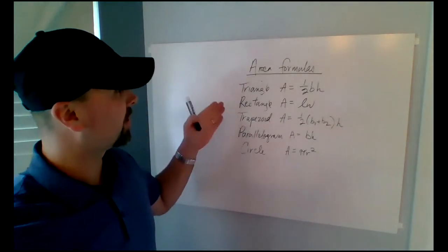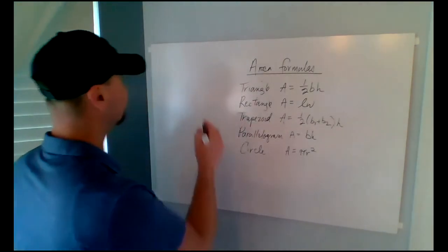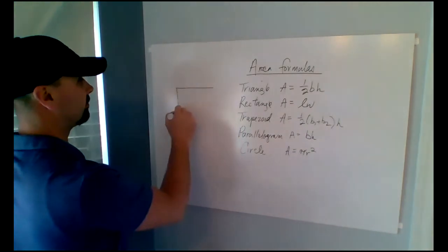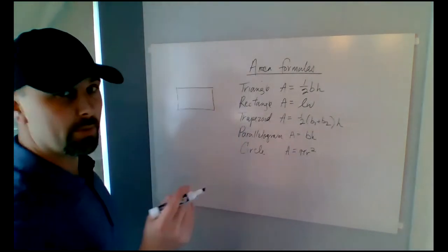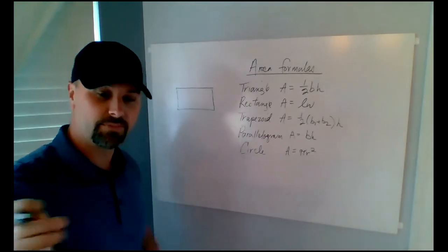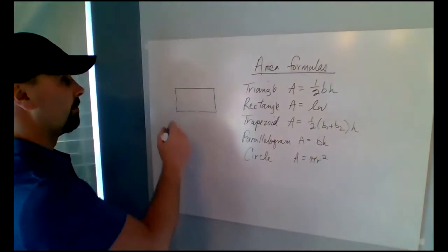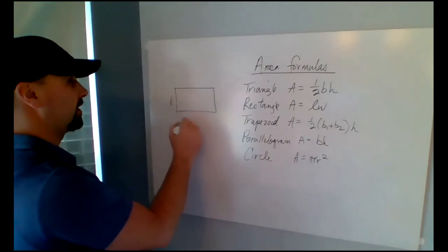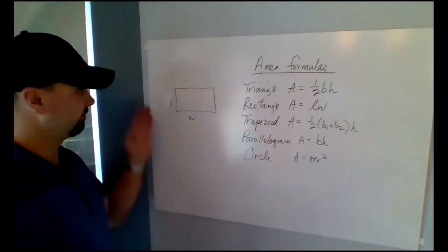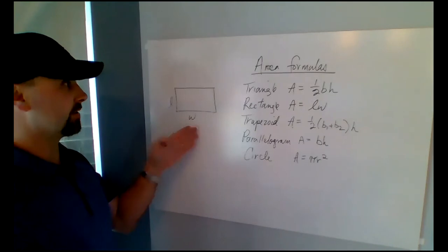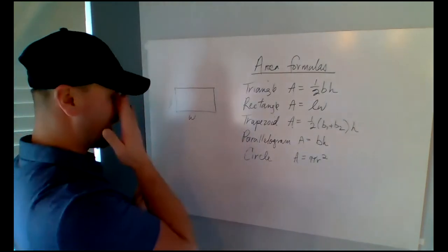So let's start with the rectangle. Remember, the rectangle is the one we just did. Let's go ahead and bring it on in here a little bit. So that's just length times width. Length times width, whatever that is, is your area for the rectangle.